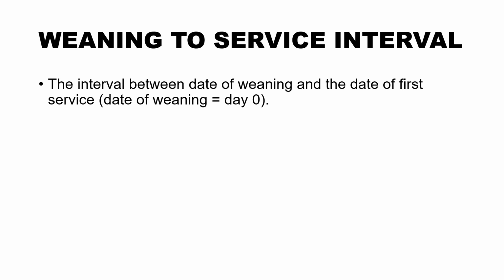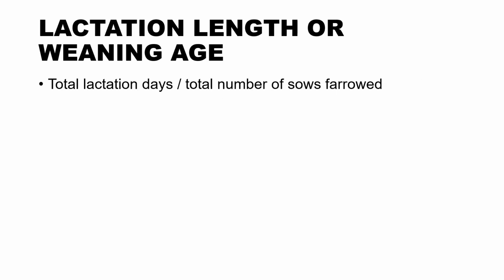Then, lactation length or weaning age is the total lactation days divided by the total number of sows farrowed. Lactation days are the days when our sow is nursing. Divided by the total number of sows farrowed, you get the lactation length or weaning age.